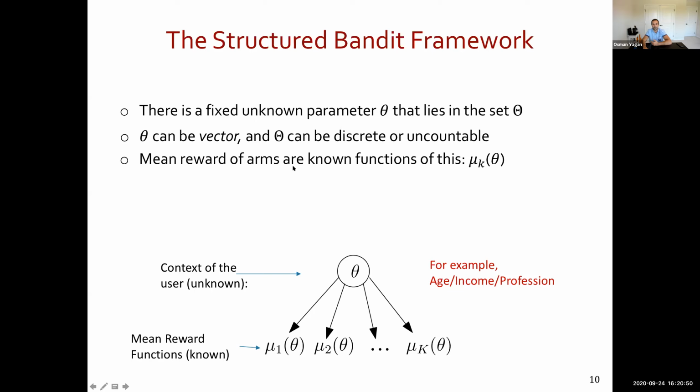Mean rewards of arms are known functions of this latent parameter theta. Other than that, we are not making any assumption on the mapping being linear or invertible. The goal is again to maximize the cumulative reward by sequentially choosing one of the K arms.